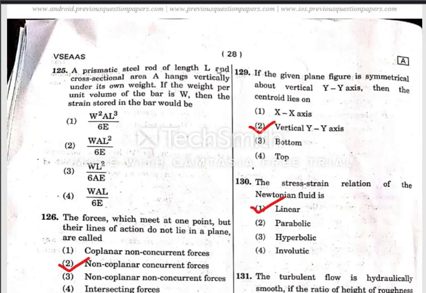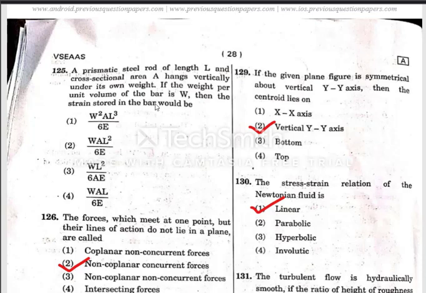A prismatic steel rod of length L and cross-sectional area A hangs vertically under its own weight. If the weight per unit volume of the bar is W, then the strain energy stored in the bar would be.